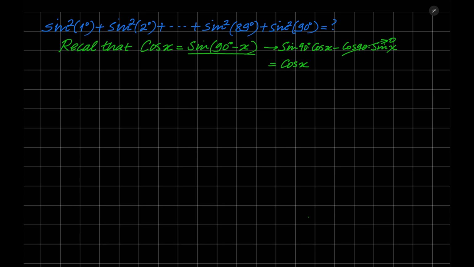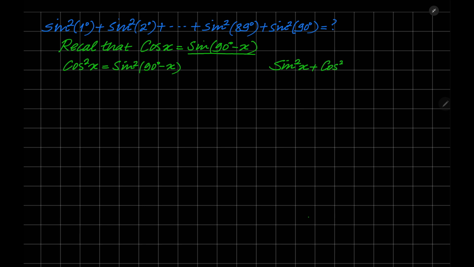Squaring both sides of the equation, then cosine square x is equal to sine square 90 degree minus x. Let me erase this part. Next, recall that sine square x plus cosine square x is equal to 1.